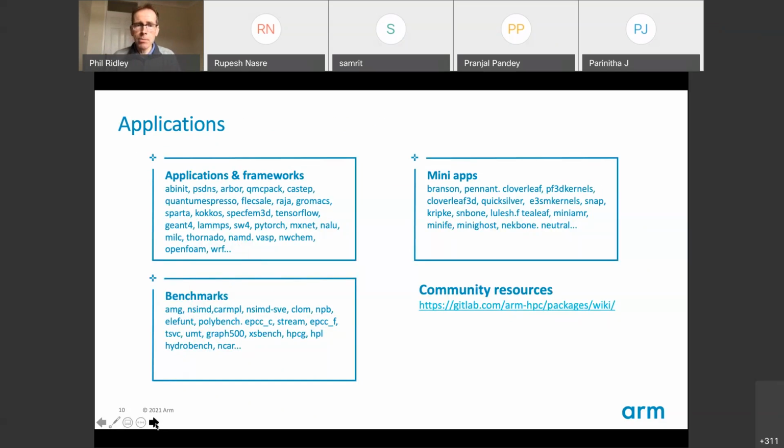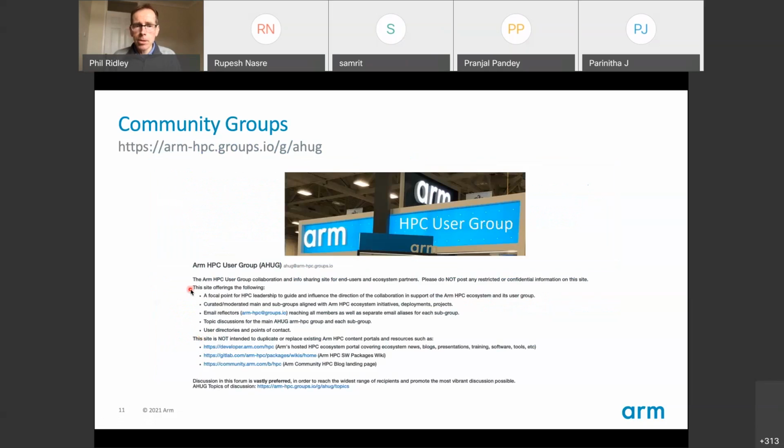But in general, if it works on any other HPC architecture, it should work on an ARM HPC architecture just as well. We also encourage membership of the ARM HPC user group, AHUG, and there's a groups.io mailing list that you can sign up to get information on that if you're interested.